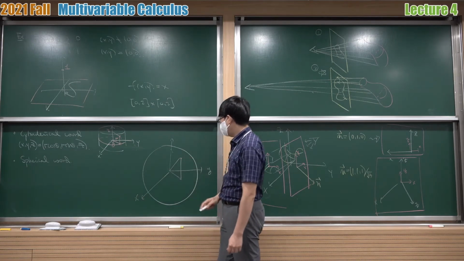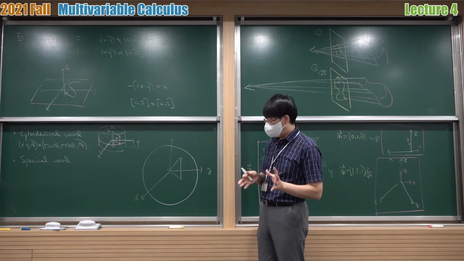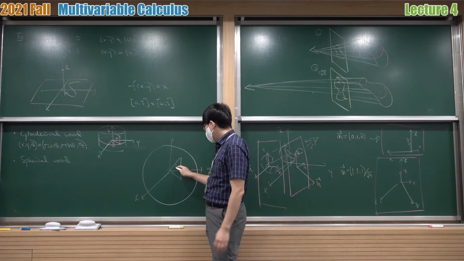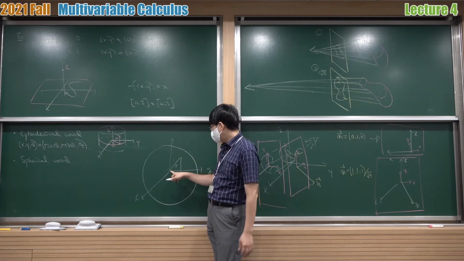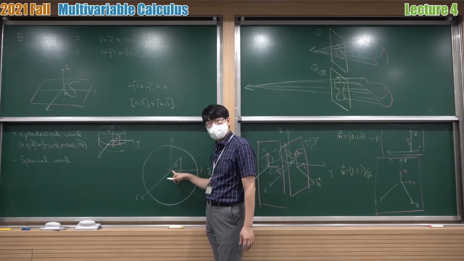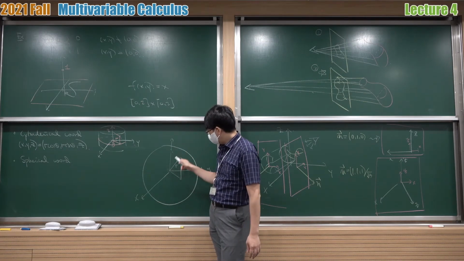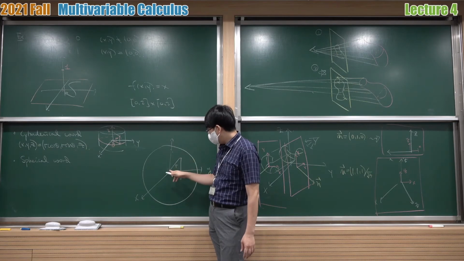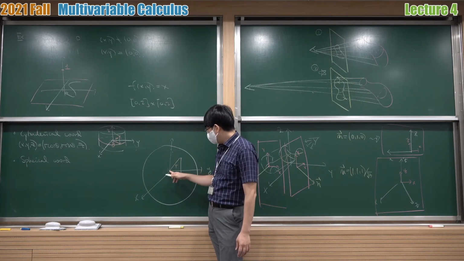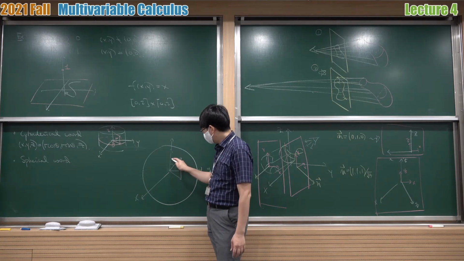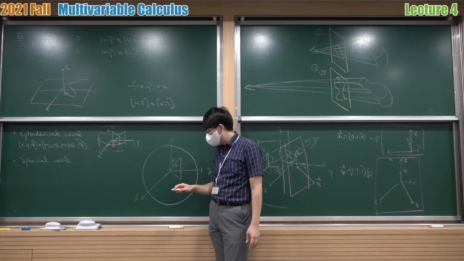Then there are three things to measure. First of all, the radius, which is the distance from the origin to the point, is defined here, r. And you can measure the angle between the z-axis and the line connecting the origin and the point. So that will be theta.